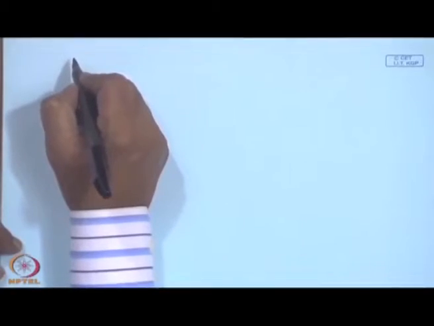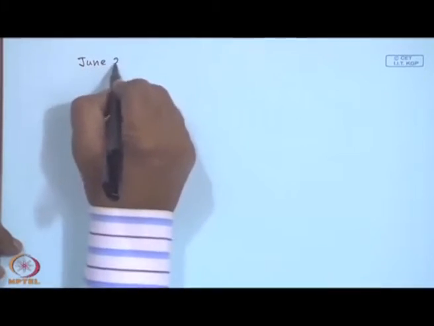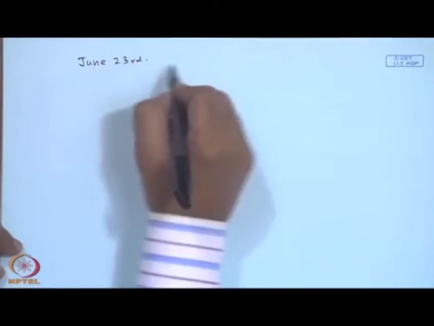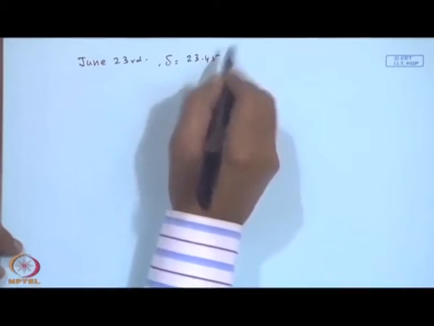So, we go to the next date, June 23rd, and declination is 23.45.